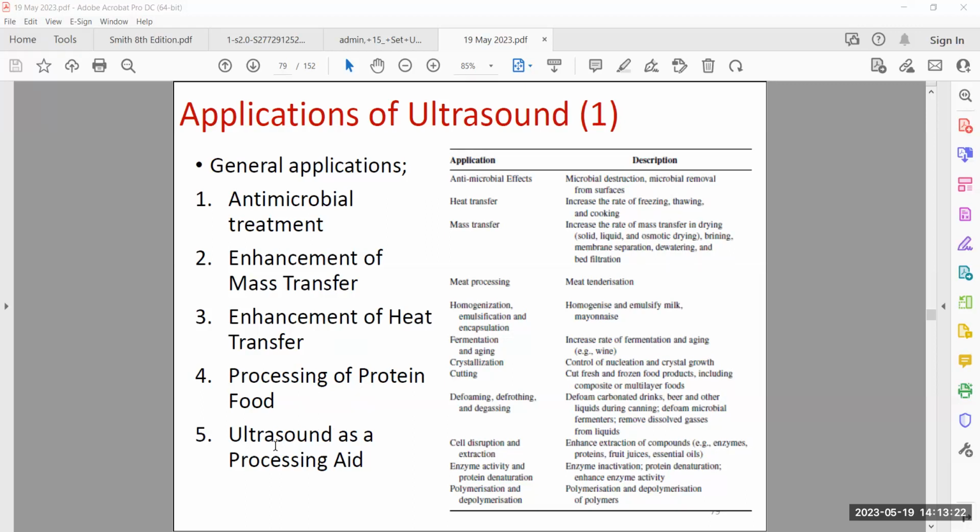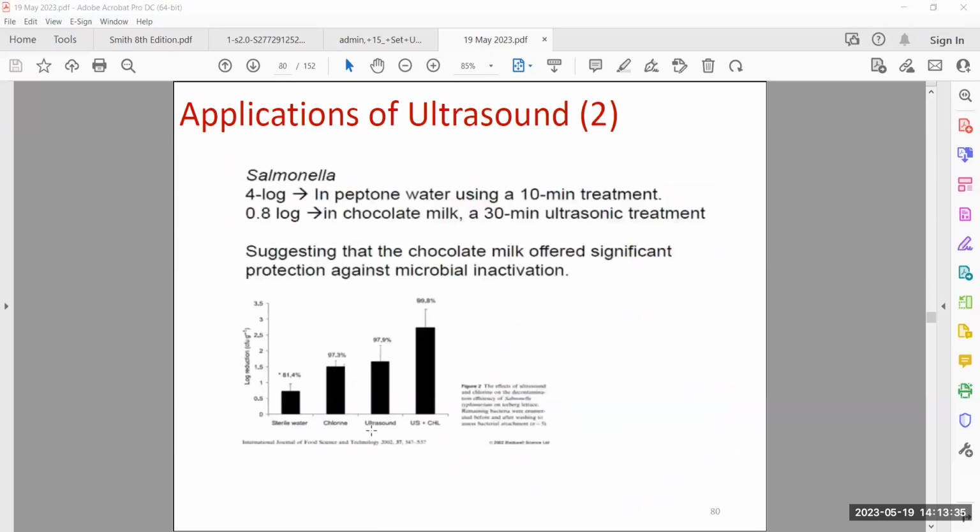And of course, we are using ultrasound as a processing aid to homogenize your food product. Let's say if you have an oil and water emulsion and you want to make it into mayonnaise, then you can use ultrasound. In the application of ultrasound, studies suggest that chocolate milk offered significant protection against microbial inactivation.